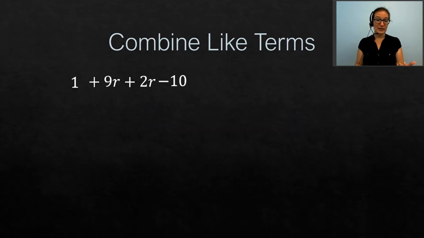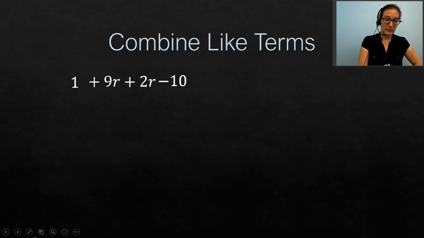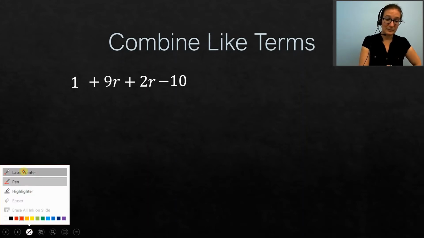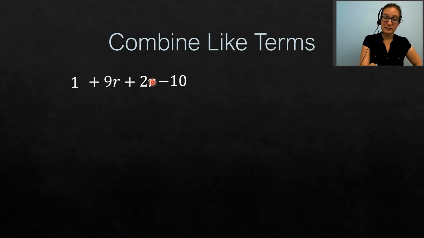Let's do another example. For this one, I have a couple of different like terms. Well, let's see if I can find my spotlight here. I have a number and another number, and then I have some letters that are exactly the same. So the letters are going to be like terms and the numbers are going to be like terms, but they are not right next to each other.